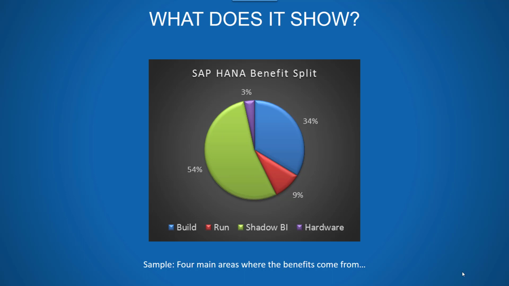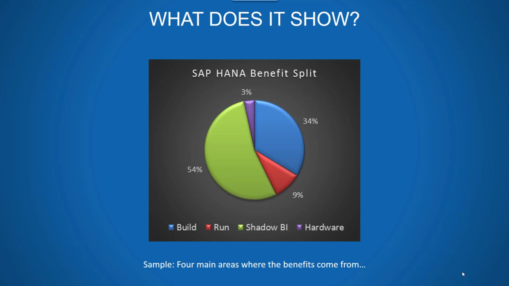So Shadow BI is becoming a standard industry term, and this really is the amount of effort, cost, software, and hardware that an organization goes through in order to get access to information at the speed that they want from systems that cannot deliver them.